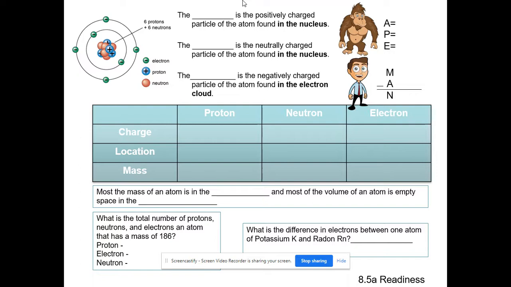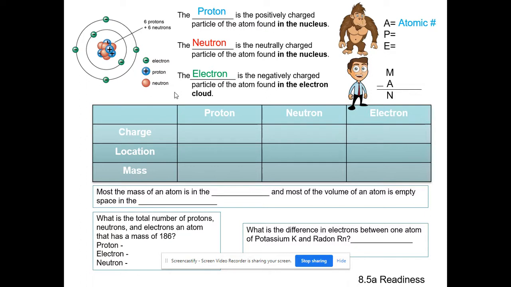The blank is the positively charged particle of the atom found in the nucleus. That's the proton. The blank is the neutrally charged particle of the atom found inside the nucleus. That is the neutron. And the blank is the negatively charged particle of the atom found in the electron cloud. That's our electron.